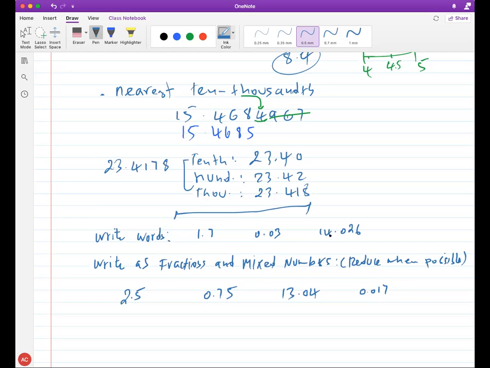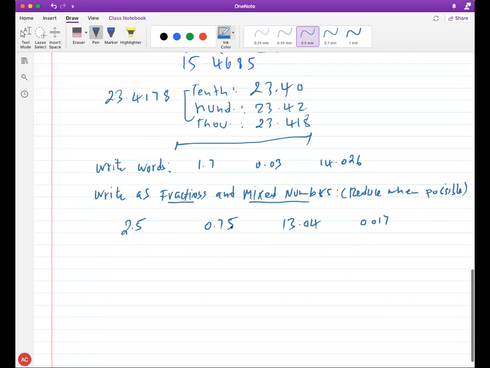Okay, so this one we're going to write in words. This we're going to write both in fractions and mixed numbers. That's improper fractions. And finally, round. So let's take this fraction here.